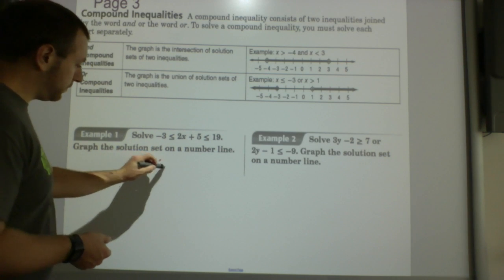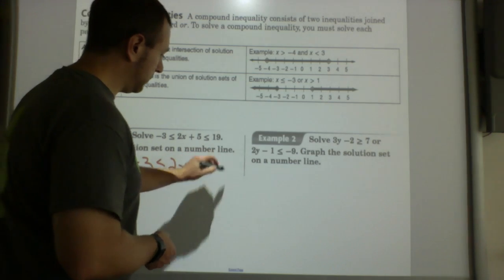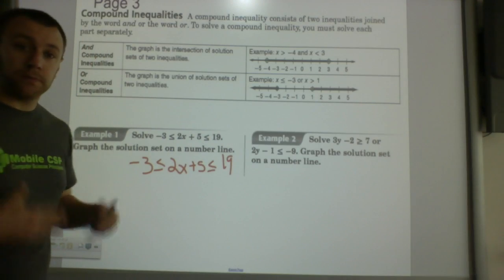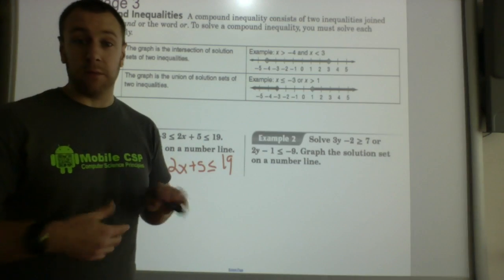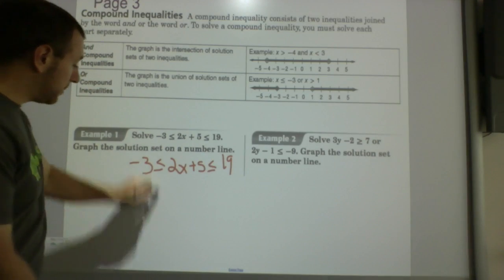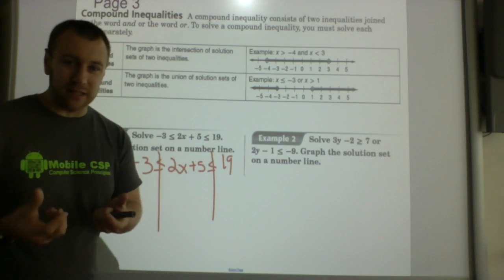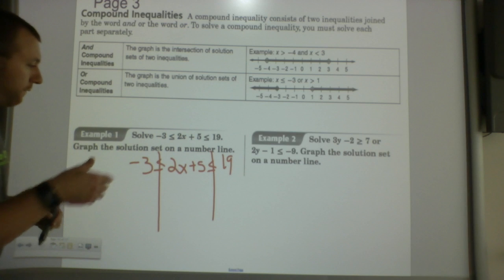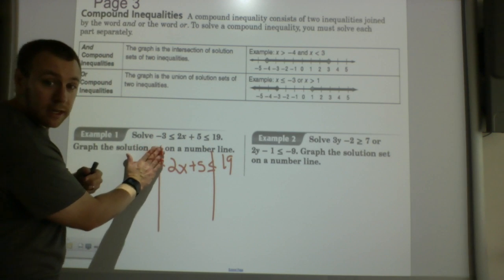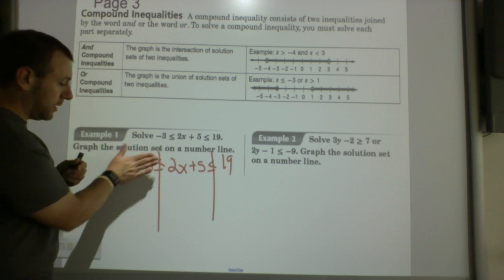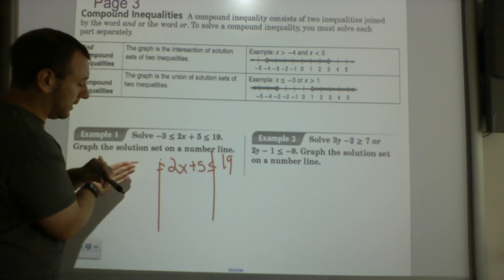So, what I want you to do is look at the middle portion. That's where the x is going to be, in the middle portion. I'm going to draw two lines. Now it's almost like I have two equal signs. First step, if I cover up this negative 3 over here, I would say, okay, 2x plus 5 is less than 19.